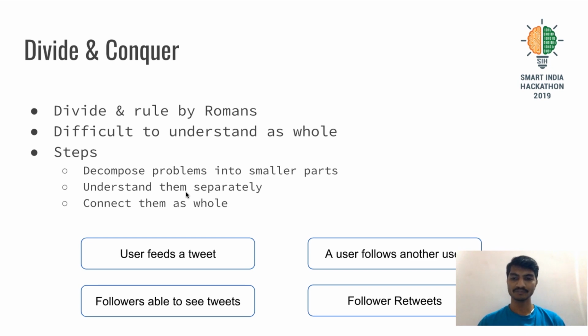So to do it, we are separating it into 4 different smaller meaningful sections. Something like user feeds a tweet. It's a separate section here. And then a user is followed by another user, which is another one. And then the followers should be able to see the tweets. And the last one is that followers should be able to retweet the tweets of the person they are following.